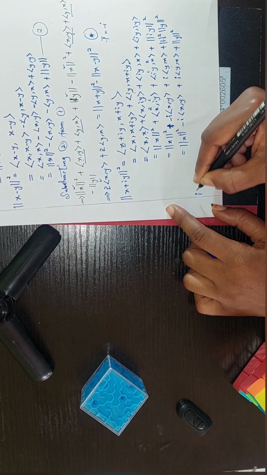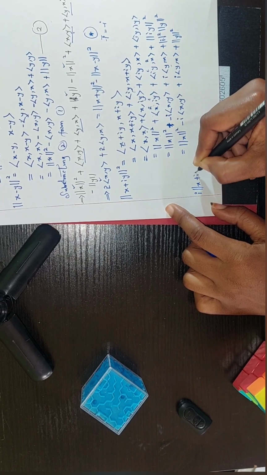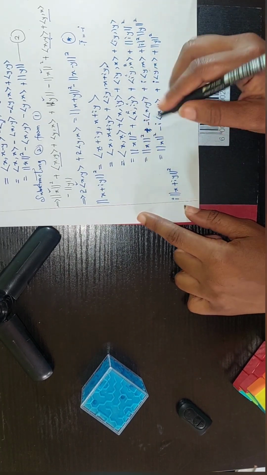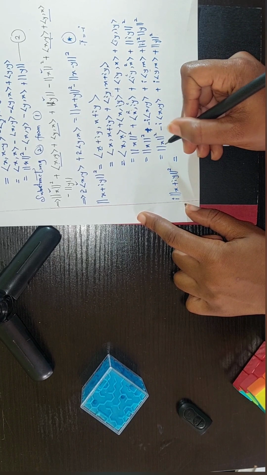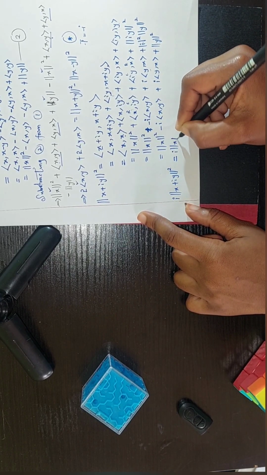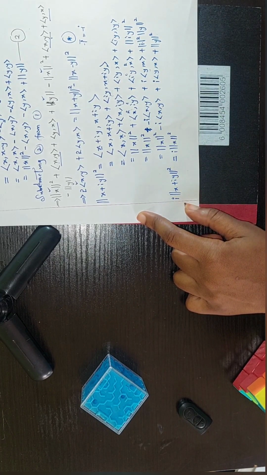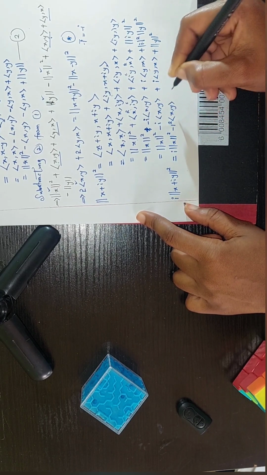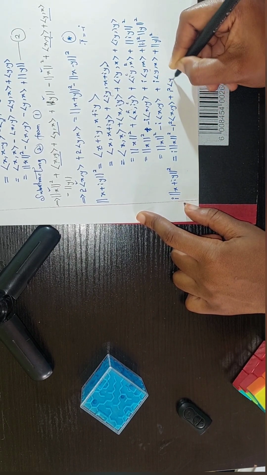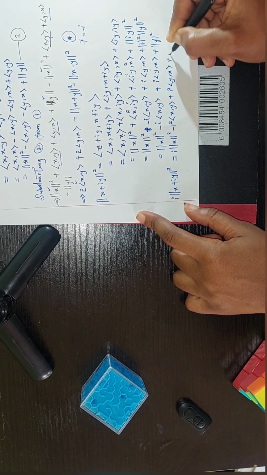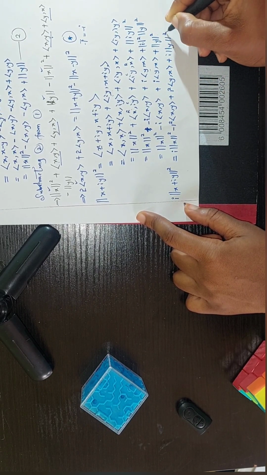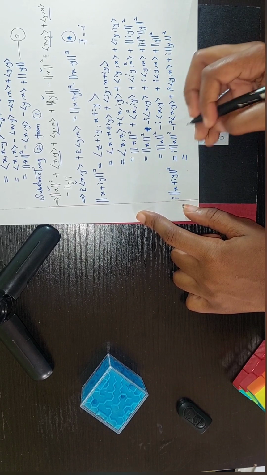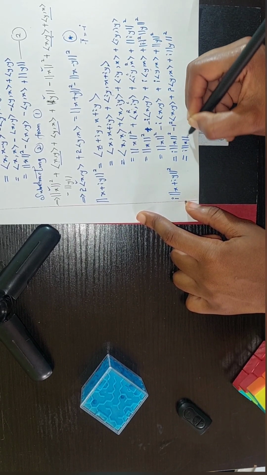So you have i multiplied by norm of x plus i y squared. So this is going to be i times norm of x squared, and i times i here will have minus i squared x comma y plus i squared y comma x plus i norm squared of y. Then here I'm going to have i norm of x squared.